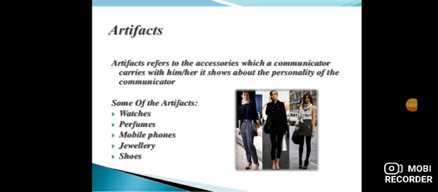Some of the artifacts are like watches, perfumes, mobile phones, jewelry, shoes, etc. So it is very important to observe the dress sense of the speaker or the receiver, and by seeing this dress sense or attire we can definitely form an idea about the speaker or the person with whom we are communicating, that means the receiver. It is really important. So artifacts express a great deal of information about the person.